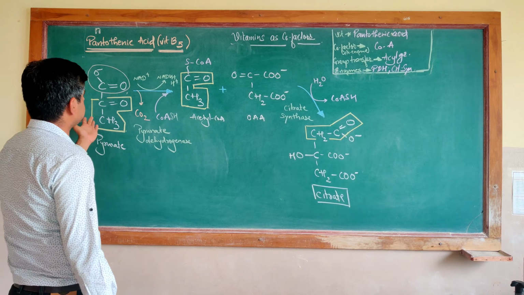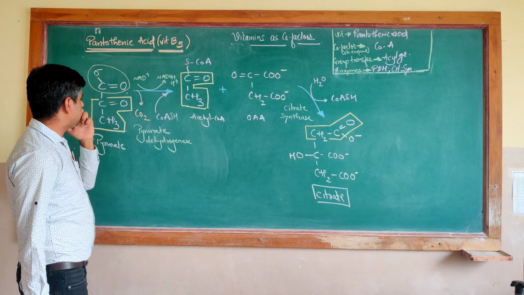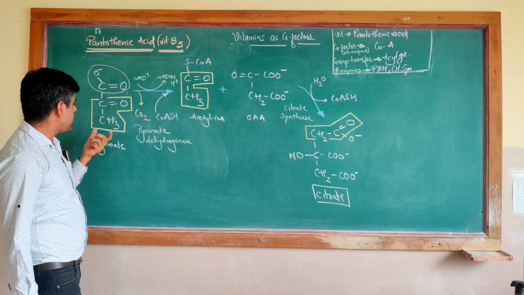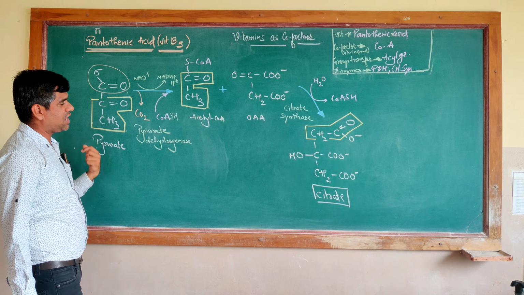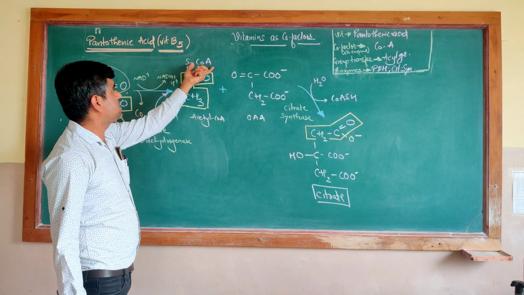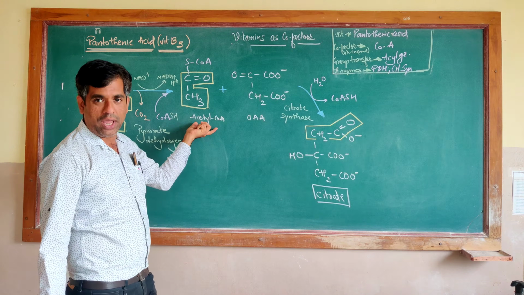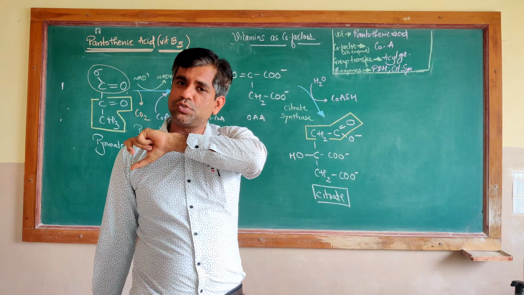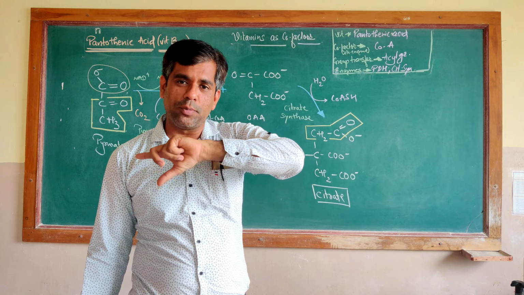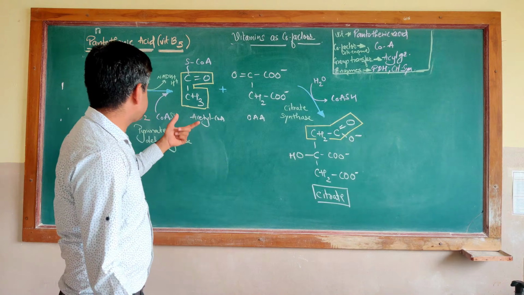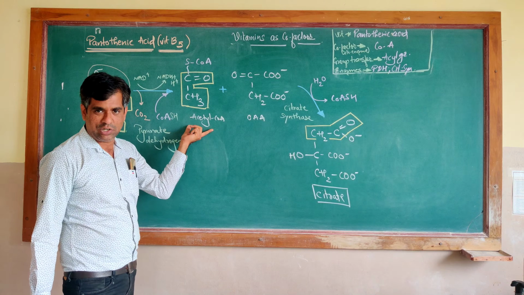So pyruvate is oxidized, it is decarboxylated, and the acetyl group is transferred to CoA to form acetyl-CoA. Remember the thiol group which we saw, it forms an ester with this, and this forms your acetyl-CoA.